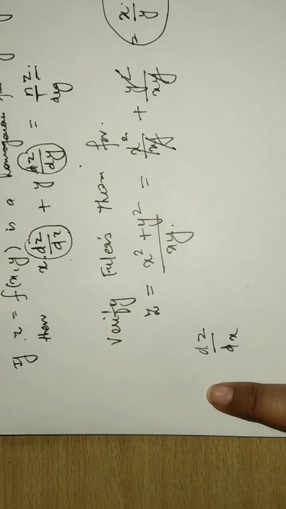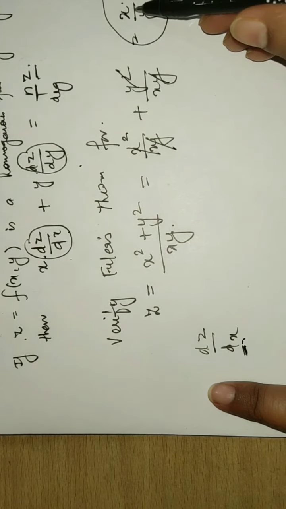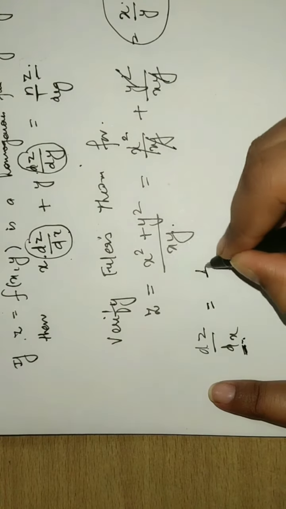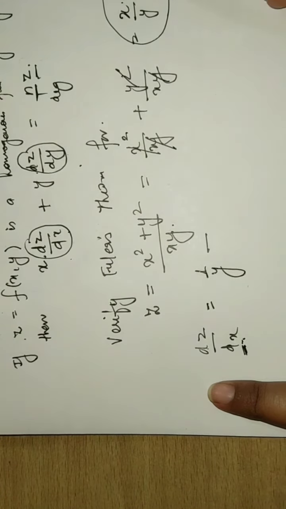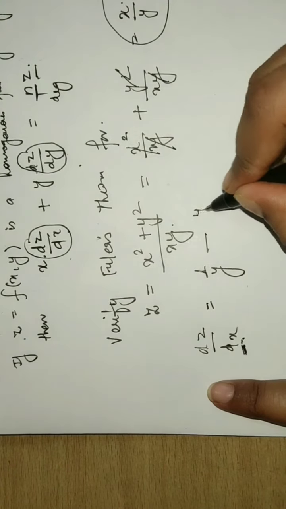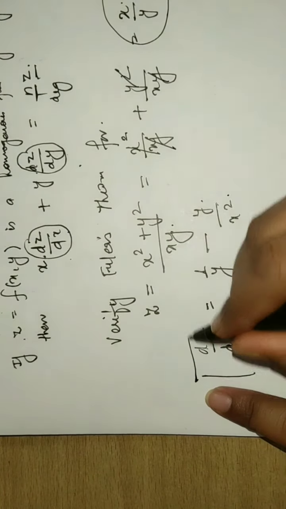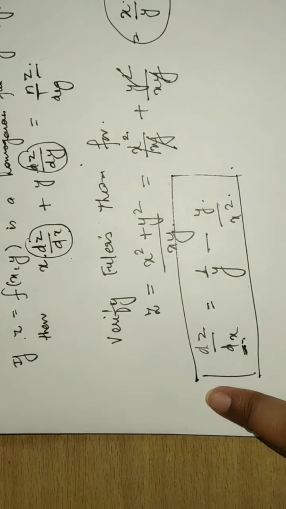Now we differentiate this with respect to x, where y will be constant. So this will be 1 by y, and this will be minus y by x square. We got delta z by delta x.